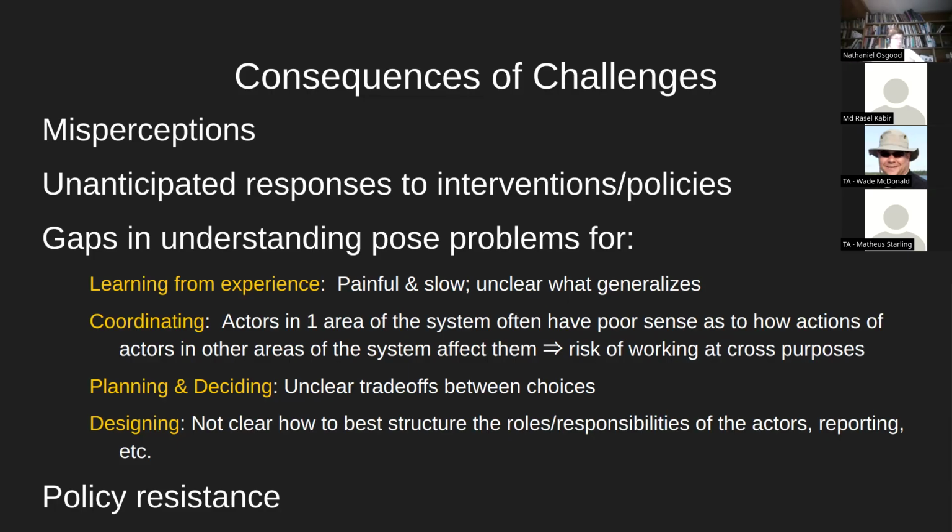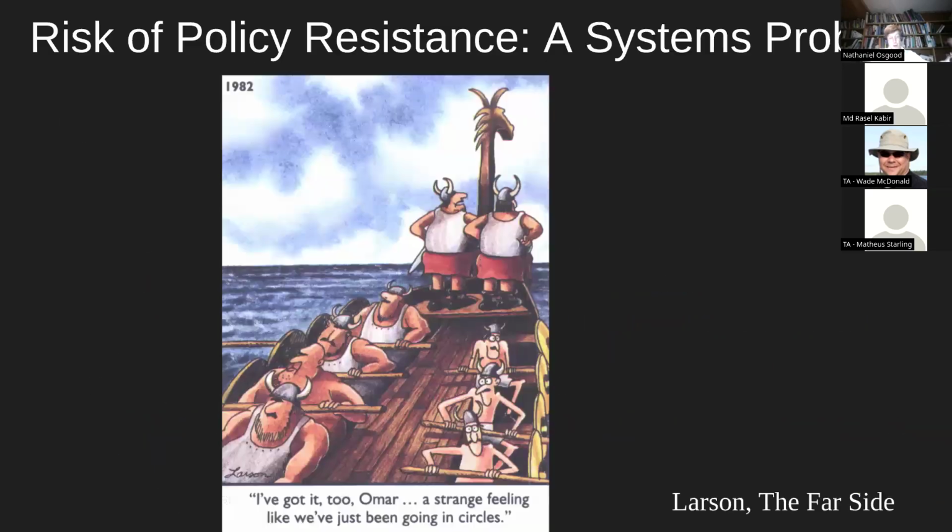They undercut our ability to learn from experience, to design a better system, and ultimately, by extension, to policy resistance, cases where our interventions are diluted or defeated by the nature of the system. And even if we invest heavily in a system, if it's not done in a judicious way, if it's done in an imbalanced way, for example, in this picture, we end up going around in circles, right? As a system.